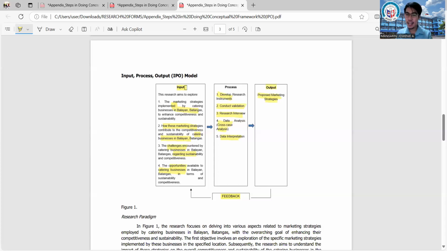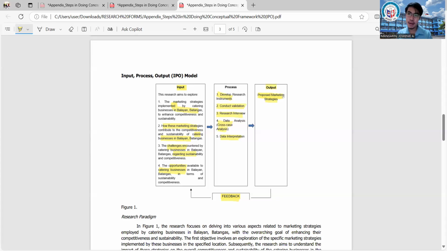Or in some other cases, naglalagay tayo ng feedback loop para malaman natin paano natin pwedeng i-improve yung ating pinropose na output. Usually, ginagamit yun kapag meron ka pang time para i-implement yung iyong output.